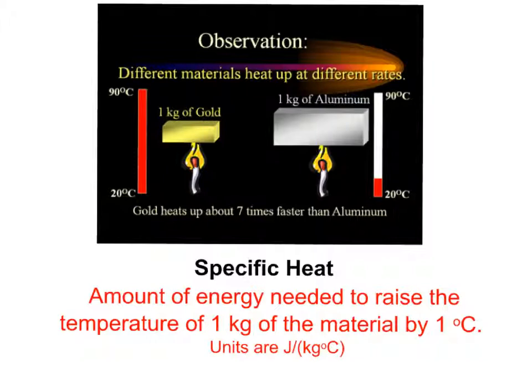Specific heat is the amount of energy needed to raise the temperature of something, specifically, by 1 kilogram 1 degree Celsius. So it's a very specific unit. We want to raise 1 kilogram of the substance by 1 degree Celsius, and the amount of energy needed to do that is that substance's specific heat.